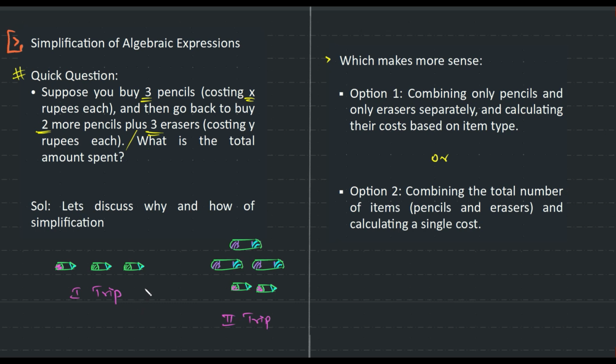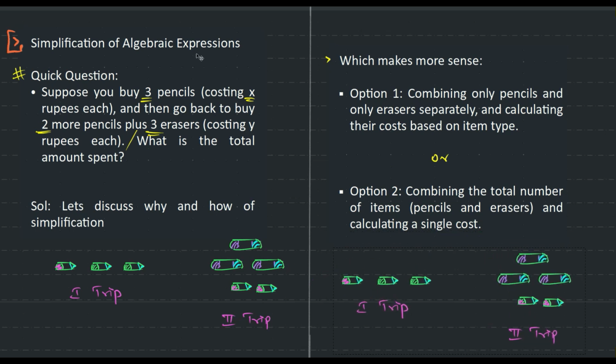So which makes more sense? How do you do this? Are we combining all this, 3 plus 2, 5, plus 3, 8 items, and then multiplying with a certain number, or does it make sense to combine only the pen count first, find the cost, then the eraser count next and find the cost and do it? So basically that's what these two things are talking about.